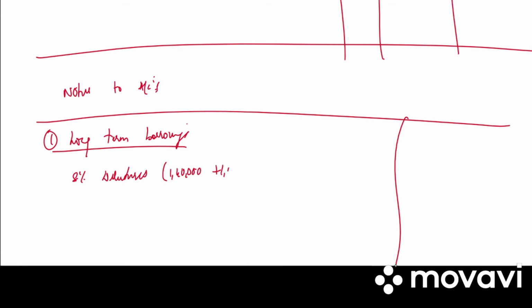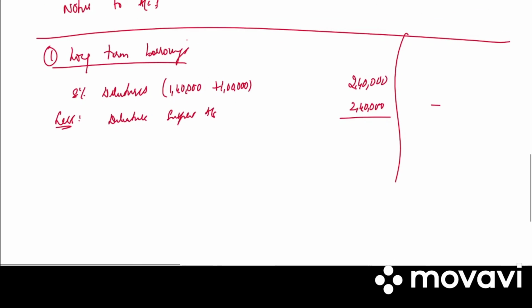1,40,000 plus 1 lakh, 2,40,000 less debenture suspense account 2,40,000. So it is nil.